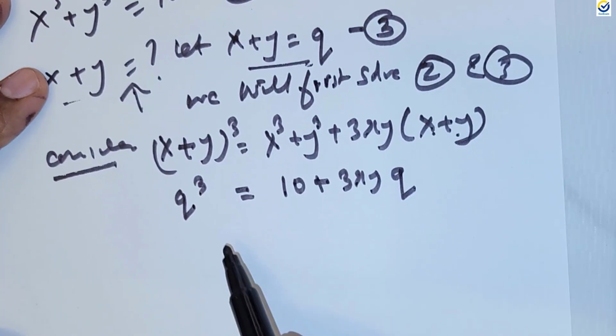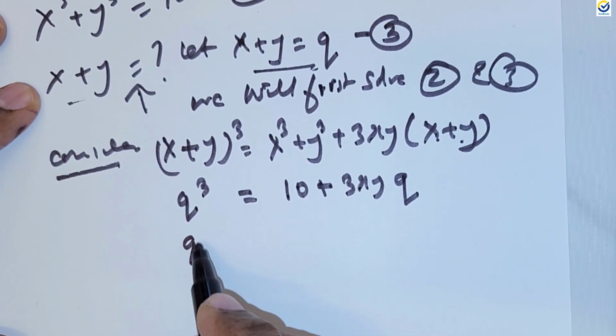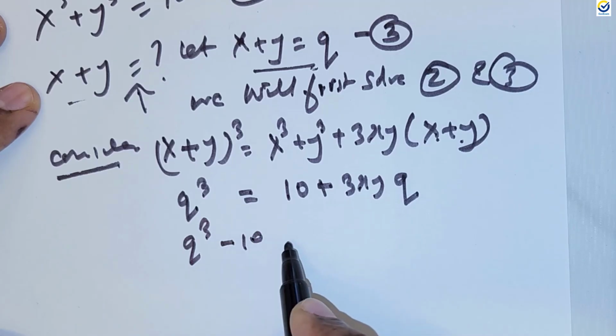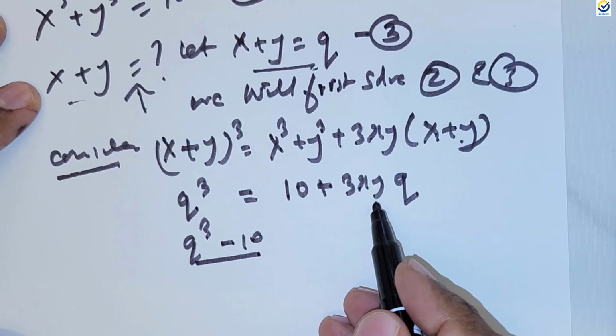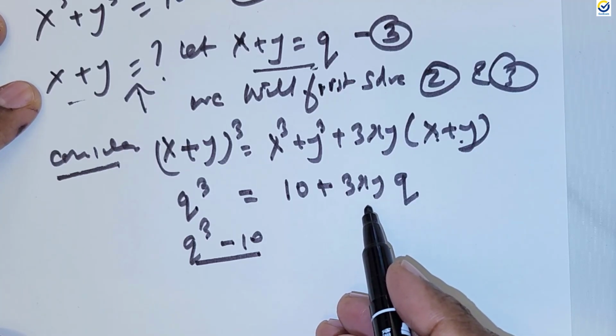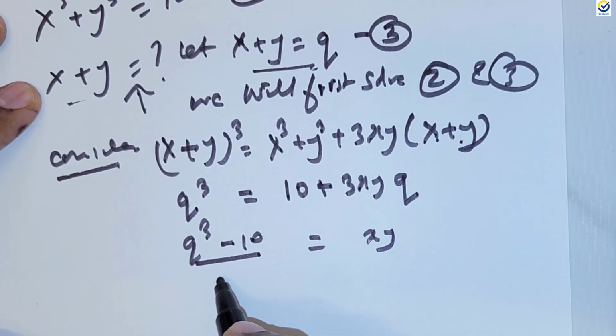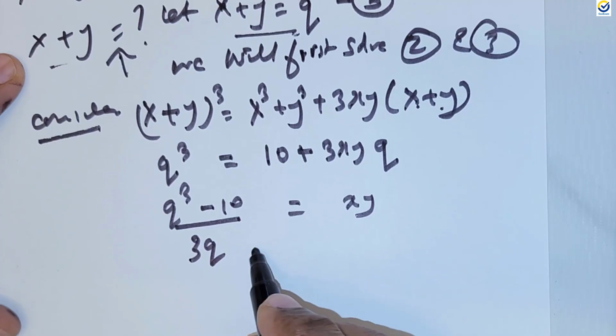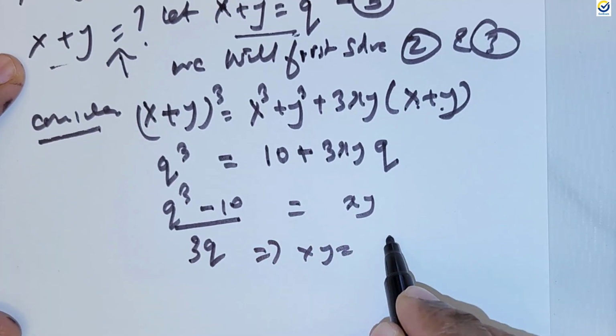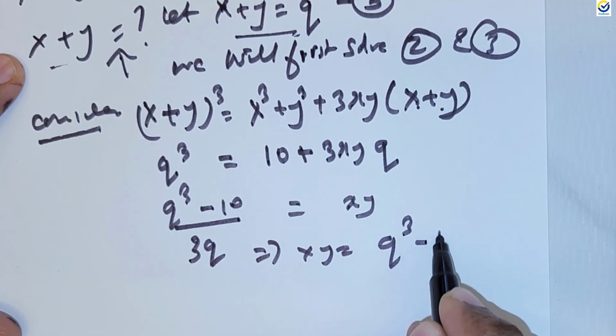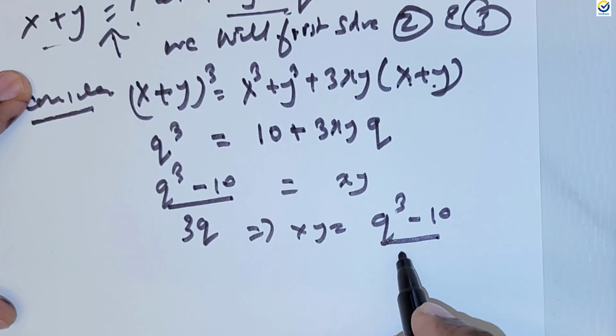So this is q cubed minus 10, divided by 3q. So I got xy is equal to q cubed minus 10 divided by 3q.